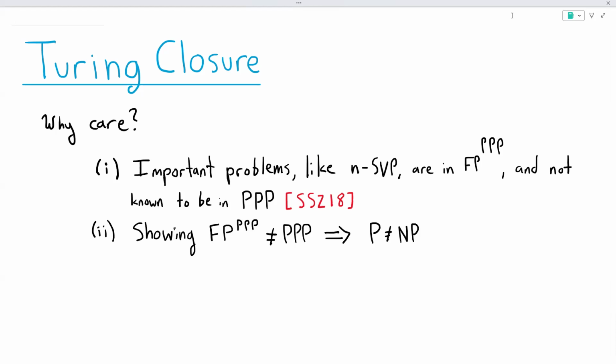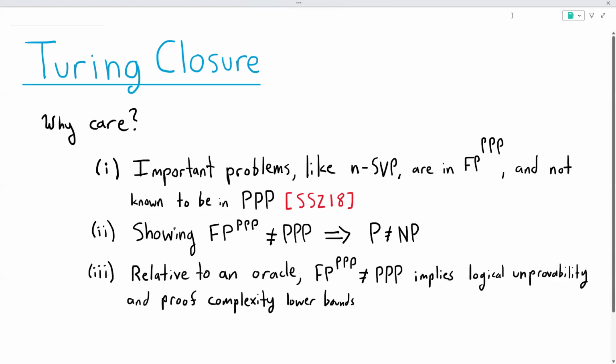So of course, this means it is hopeless to actually show that PPP is not Turing closed, but that makes it all the more interesting. And finally, relative to an oracle, FP to the PPP not equaling PPP, so PPP not being Turing closed, implies both logical unprovability and proof complexity lower bounds. So later on in this talk, we're going to hone in on that proof complexity aspect.